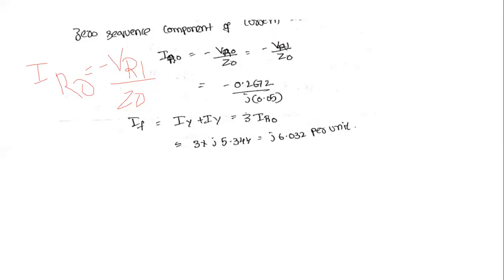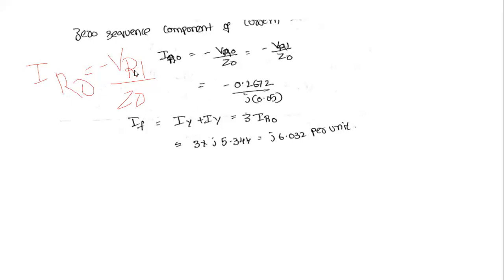VR1 means the positive sequence phase voltage for the R phase, divided by Z0, the zero sequence impedance, which is given in the question as J0.05. Substituting, minus VR1 by Z0 is equal to minus 0.2672 by J0.05.